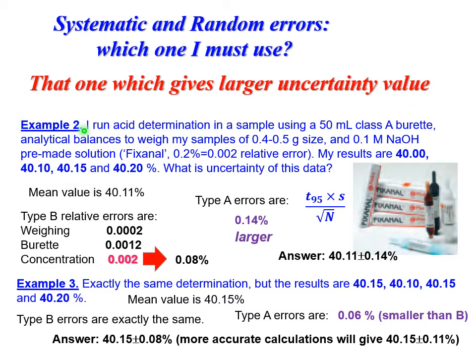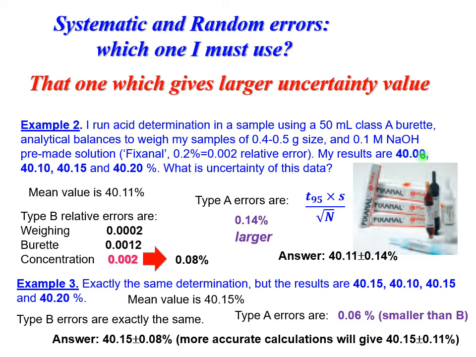So one more example. I'm running acid determination in a sample using again 50 ml class A burette. Analytical balance is used to weigh my samples of 0.4, 0.5 gram size, and 0.1 molar sodium hydroxide premade solution I bought, so-called Fixanal, that is certified to have relative error of 0.2% or 0.002.